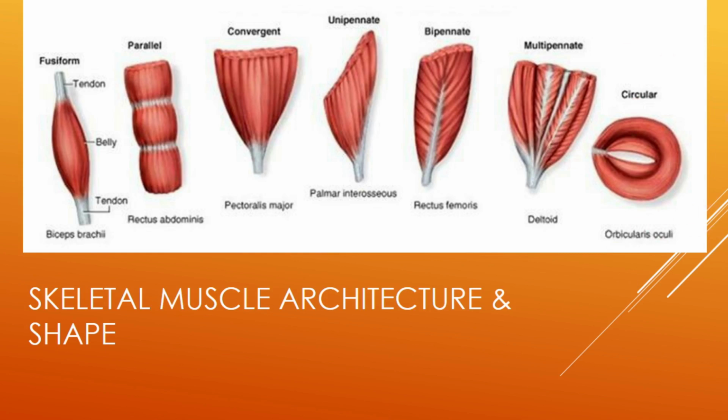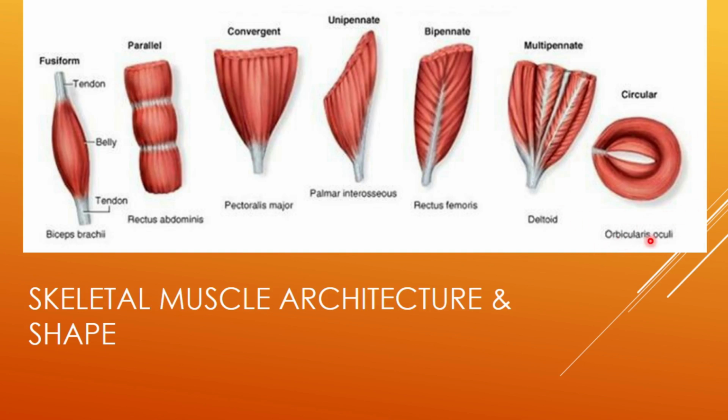And then circular muscles. Circular muscles essentially wrap themselves around a particular area in a circular fashion, as the name suggests, and they tend to form sphincter muscles. An example of that, shown nicely here, is your orbicularis oculi. When you close your eyes, and then if you really screw up your eyes, that's your orbicularis oculi muscle doing that.